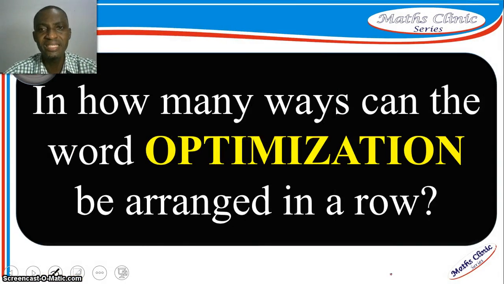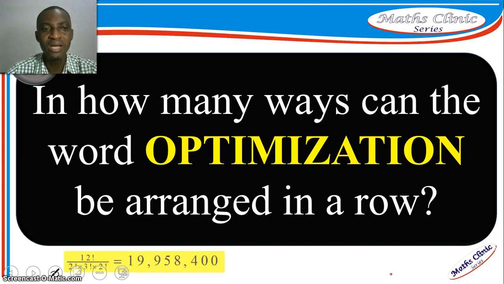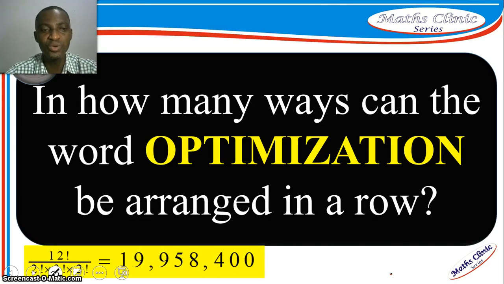In how many ways can the word optimization be arranged in a row? You can pause the video and try your hand on that. Good. I'm sure your answer came as 12 factorial divided by 2 factorial times 3 factorial times 2 factorial again.